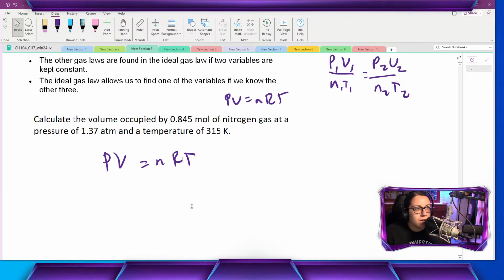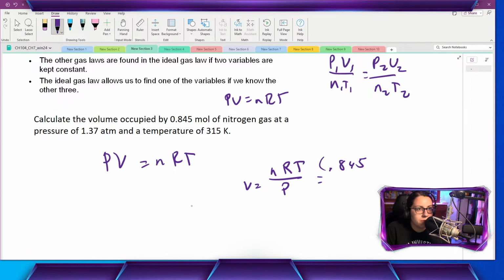So we can plug everything in. We want to solve for volume, so we rearrange: 0.845 times our constant times our temperature divided by our pressure.